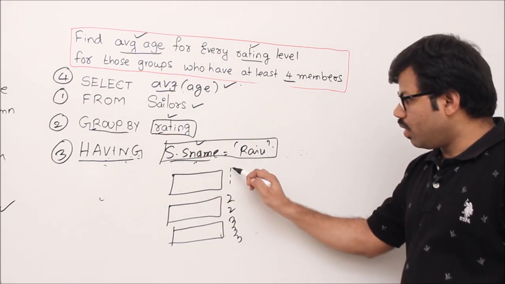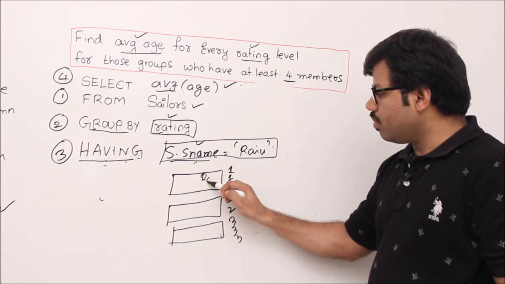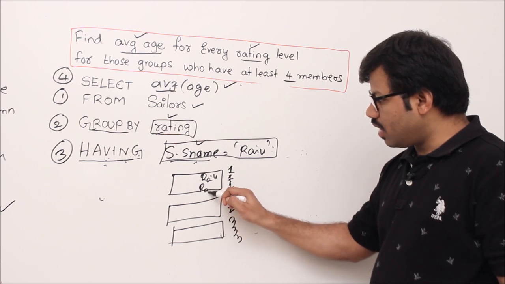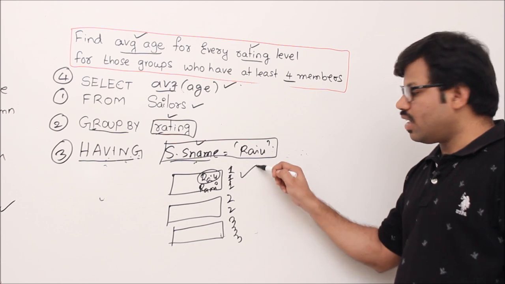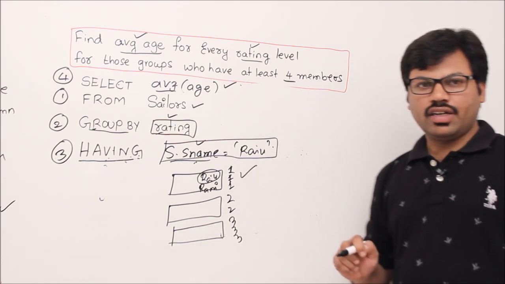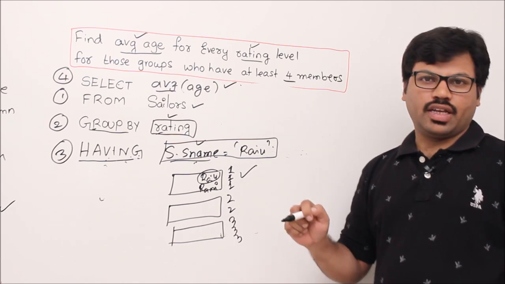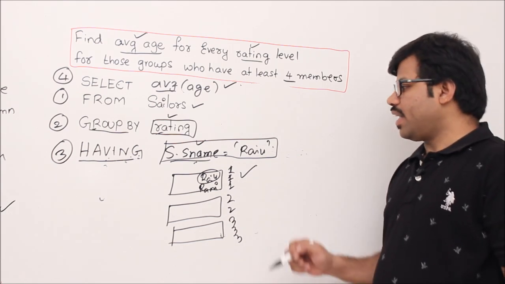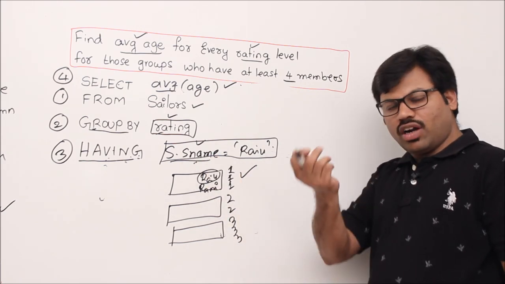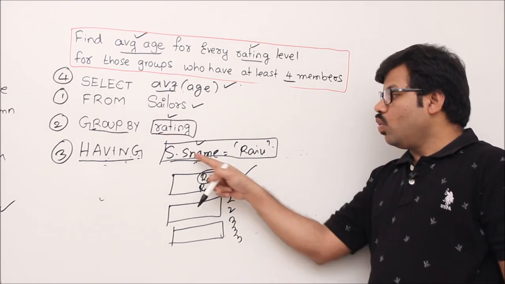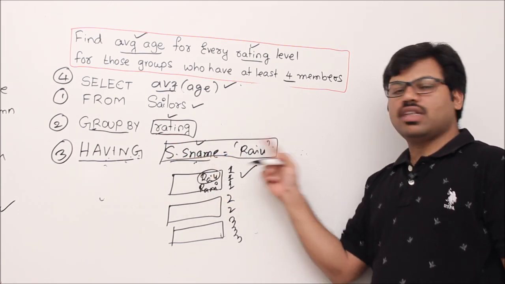In a group, for example rating number 1, there are some tuples with the name Raju, there might be some tuples with the name Rani. Now based on this name Raju, can we select or discard a group? No. Correct? To select or discard a group, that should be a group property. So when you say you want groups whose sailor name is Raju, that means in which group the sailor name is Raju.